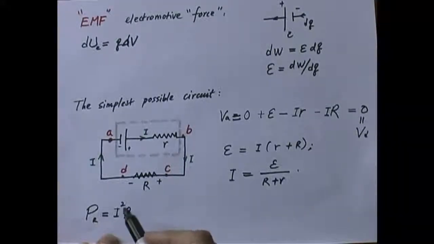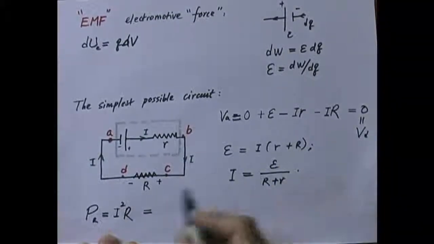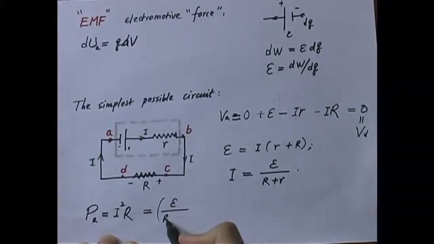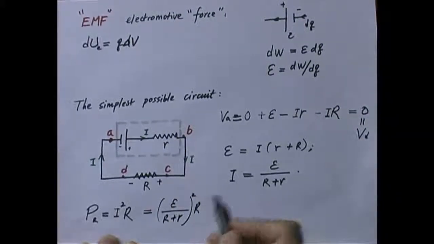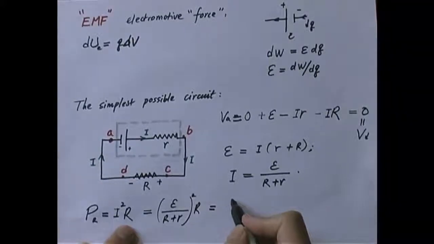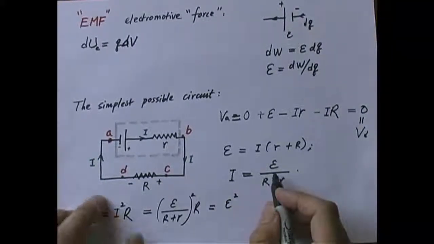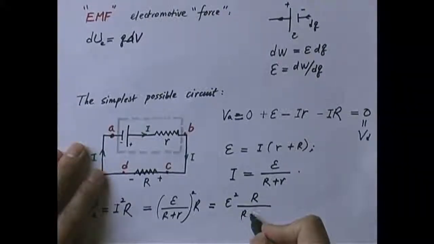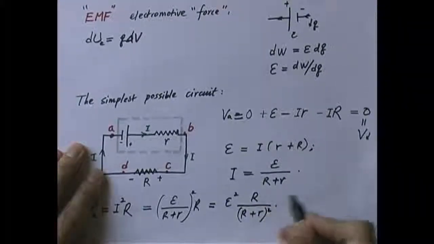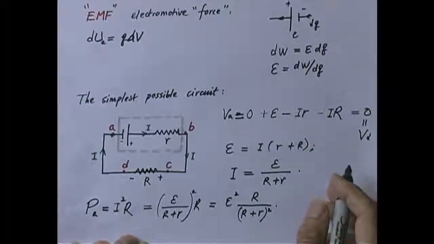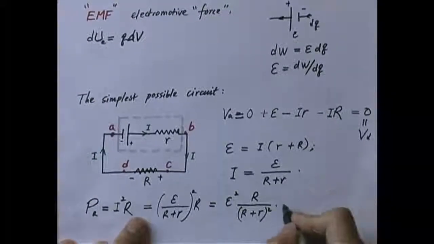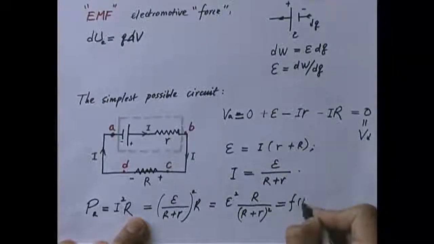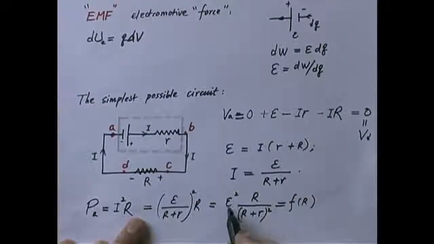Before I can do that, I must rewrite the current I as a function of big R. So I can write this as epsilon over the sum, squared, times R. And then we can write this as epsilon squared, which is a constant, times big R over big R plus small r, squared. This is a function of R. Small r is fixed, epsilon is fixed, but as big R changes, P will change.